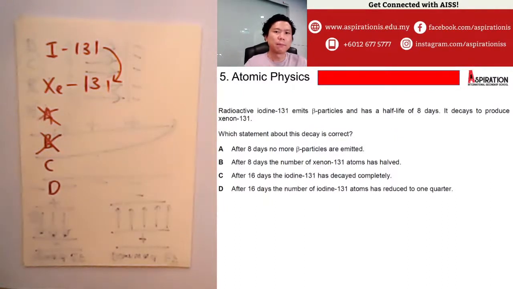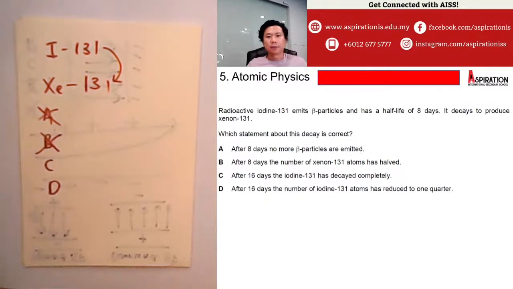No, I think it'd be too complicated. Sorry. Let's forget about that. So anyway, after 8 days, assuming that there was no xenon to begin with, you're going to have a certain amount of xenon now, which is half the amount of iodine, right? Okay. So B is absolutely wrong.